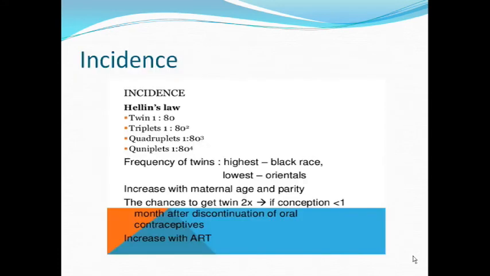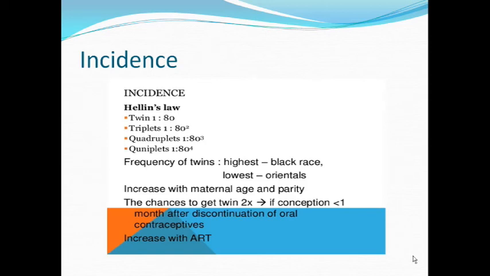When we talk of the incidence in India, according to Hellin's rule, in case of twins it is 1:80, in triplets it is 1:80 square, in quadruplets it is 1:80 cube, and so on. Frequency of twins is highest in the black race, most often seen in Nigeria and least in the Philippines.